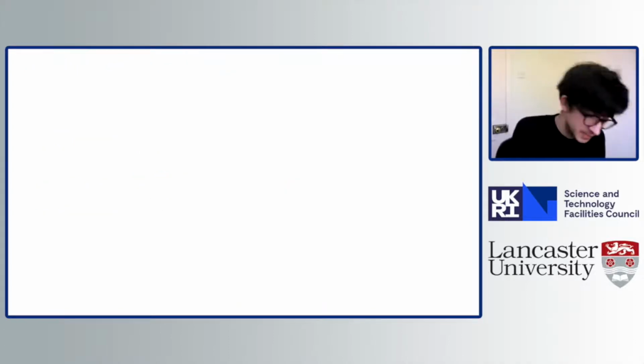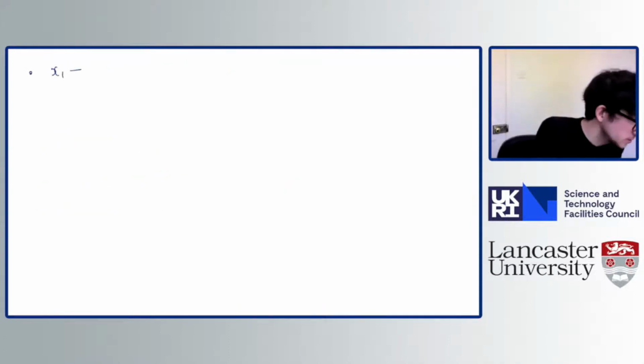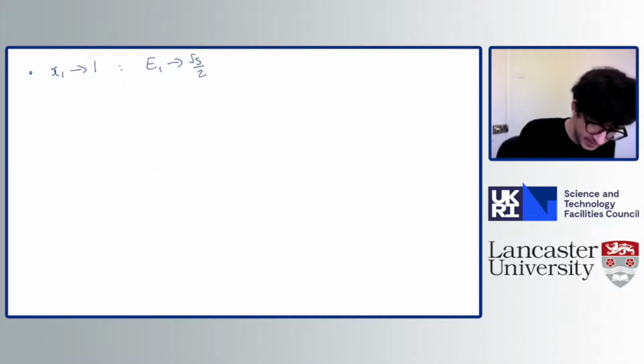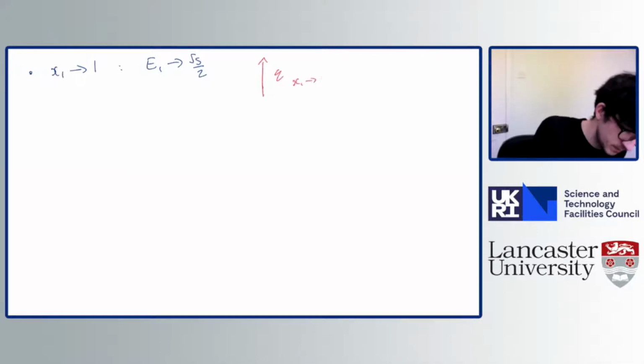And it's no surprise then that for the x1 goes to 1 limit, it's now E1 goes to root S over 2, and it's just going to be the same, but now we've swapped quark to antiquark. So now the quark there, x1 goes to 1, so it's E root S over 2, and the antiquark and the gluon collinear.